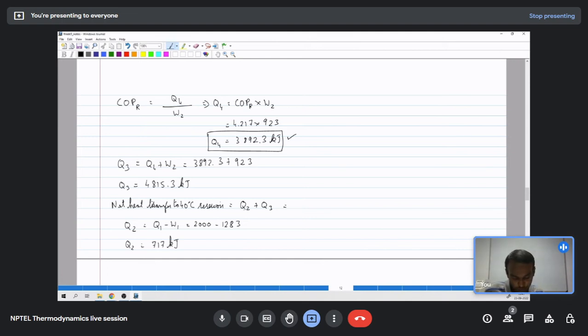So I can calculate Q2 plus Q3 as 717 plus 4815.3. So that is 5532.3 kilojoules. This is the net heat transfer to the 40 degrees Celsius reservoir.